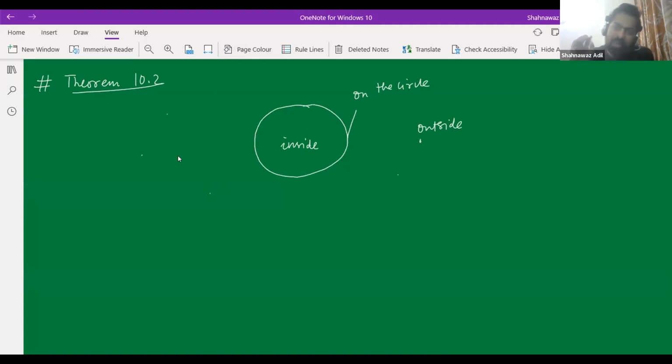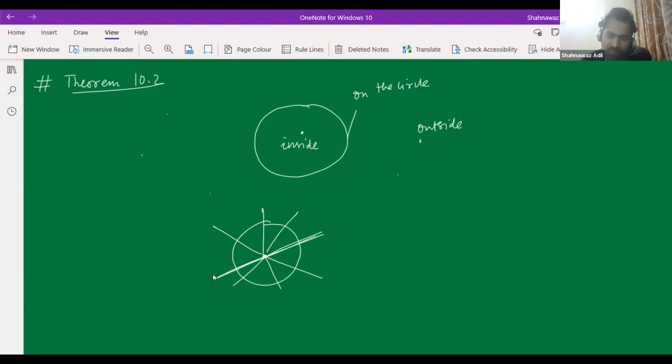So if I pick a point inside this circle, how many tangents can I draw? Inside, how many tangents can I draw? How can you draw a tangent from here? We can never draw any tangent from here, because that line would always be intersecting the circle.